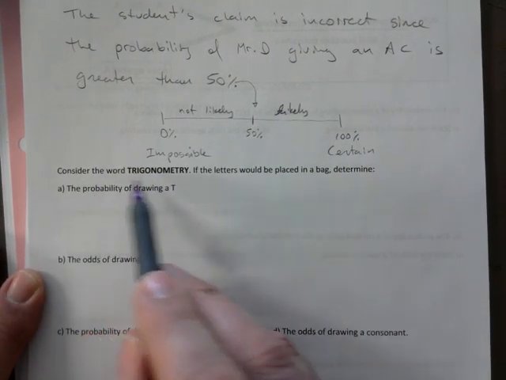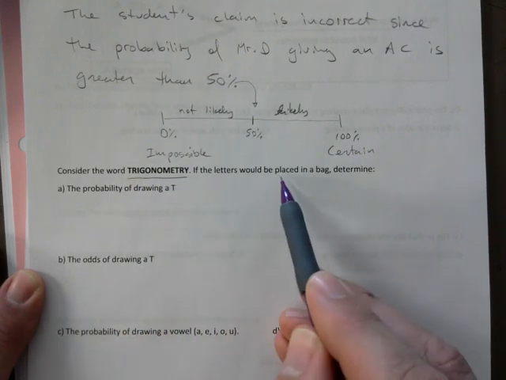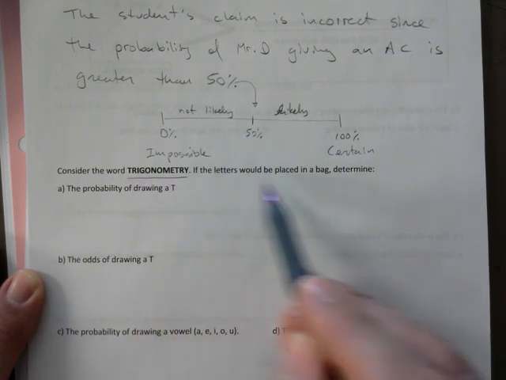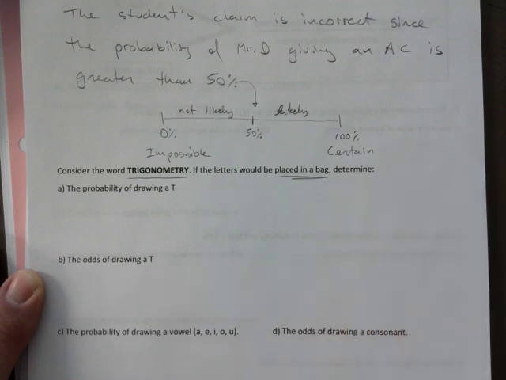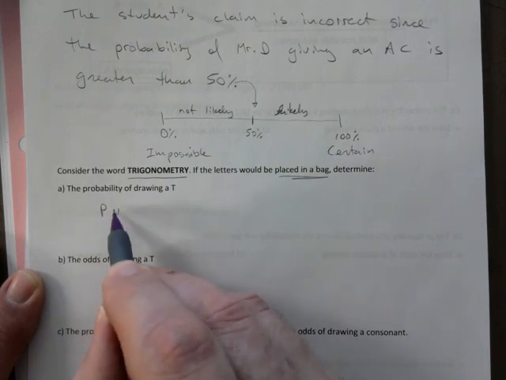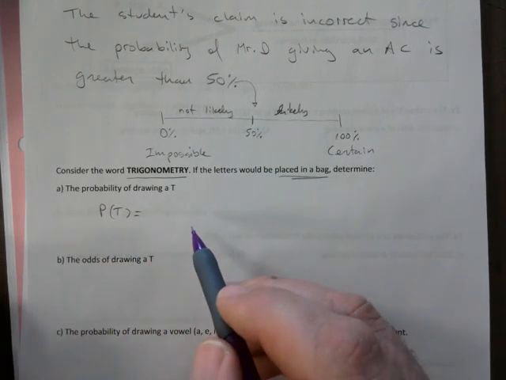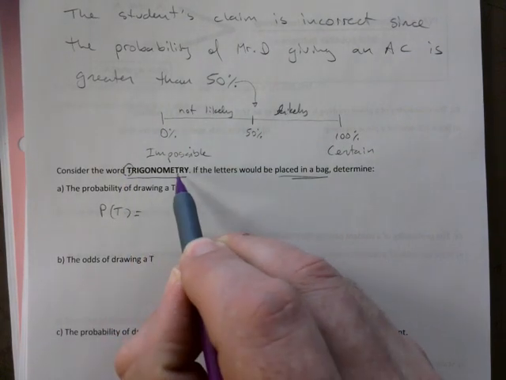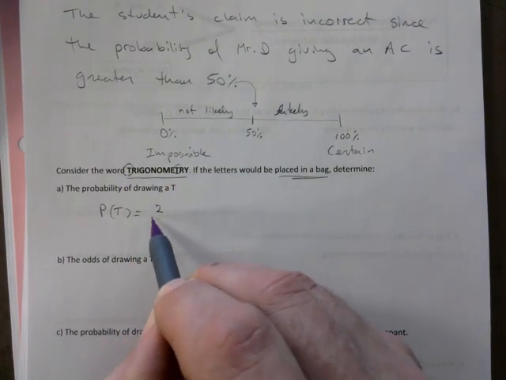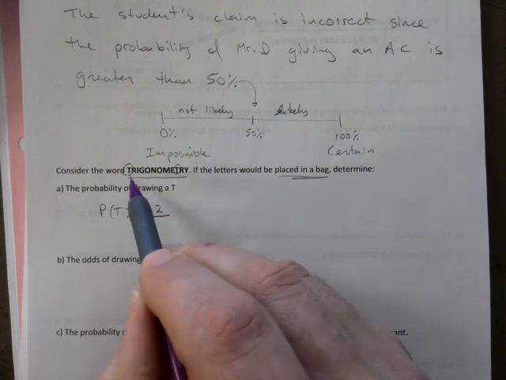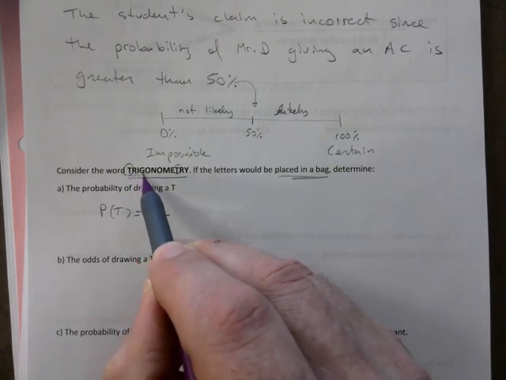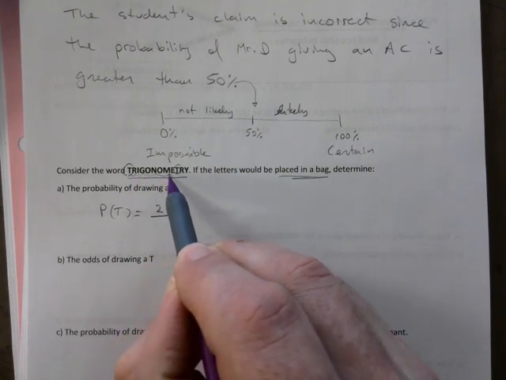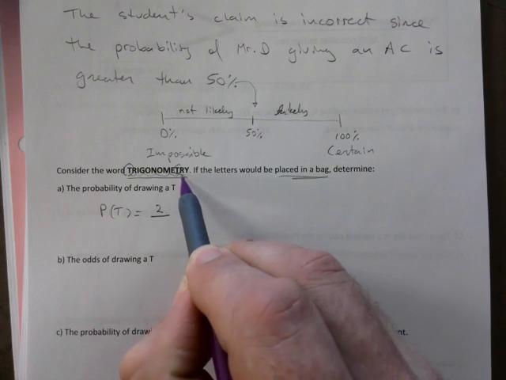Trigonometry. Consider the letters in this word. If you cut these up and you put them in a bag, determine, it's a classic probability scenario, the probability of drawing a T. How many T's are there? There's one right there, there's one right there. There's 2 out of, gotta count letters: 2, 4, 6, 8, 10, 12.